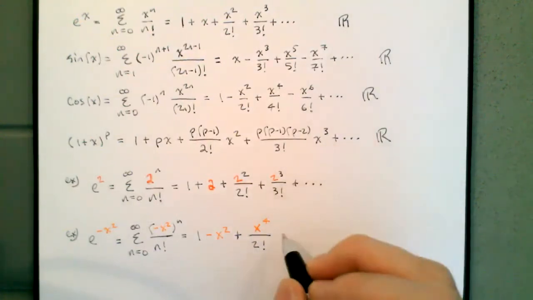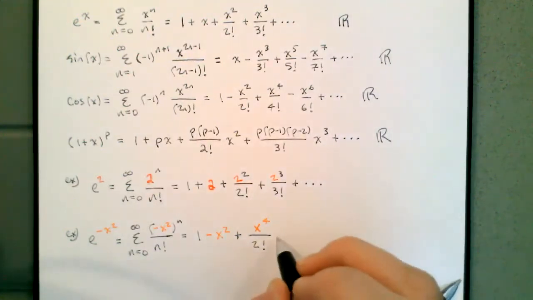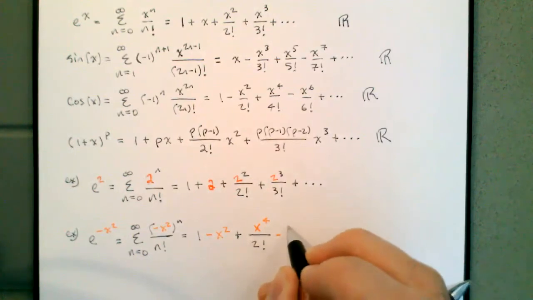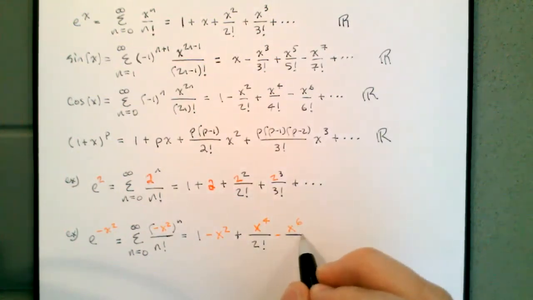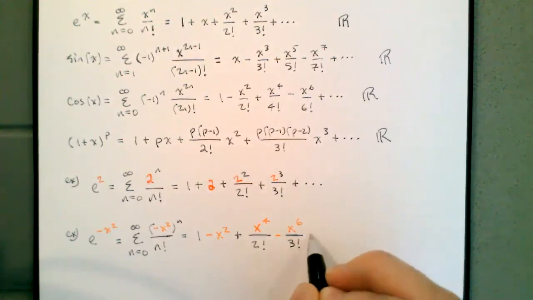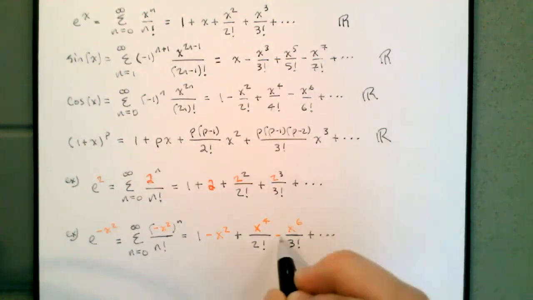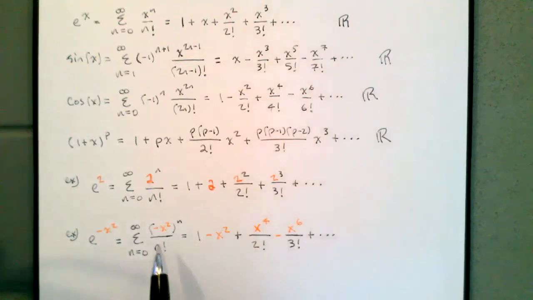Minus x squared to the 3rd will be a minus x to the 6th over 3 factorial. And so on. So we can see we're getting the alternating minus 1 to the n, and then it's going to be x to the 2n over n factorial.